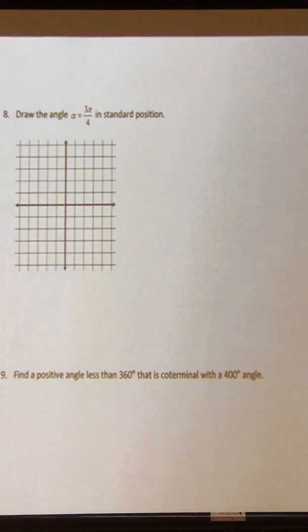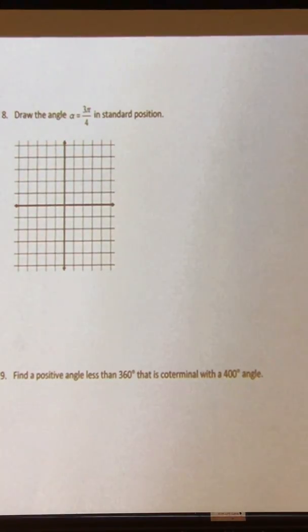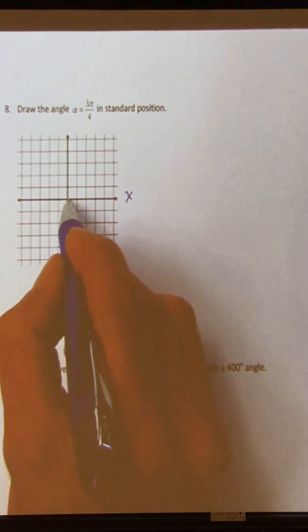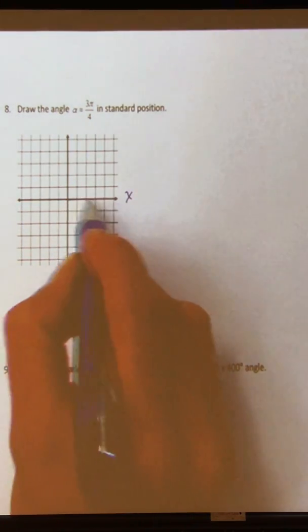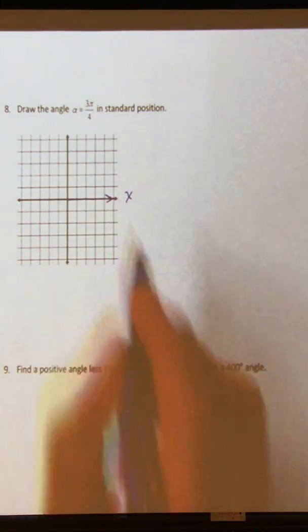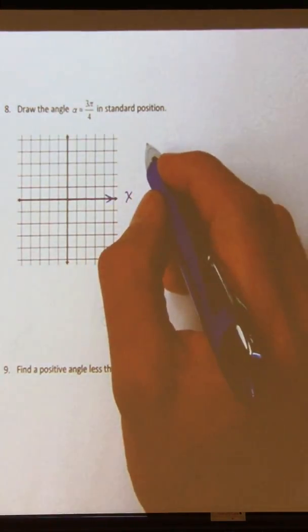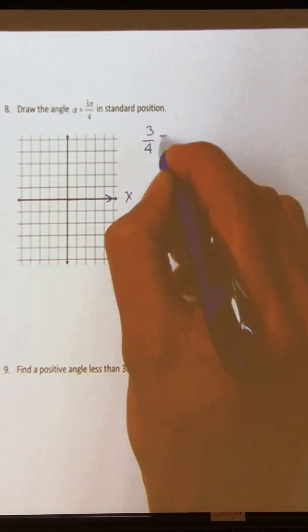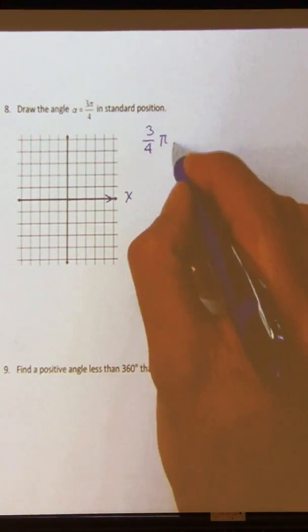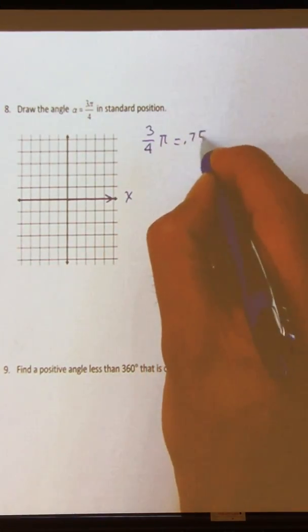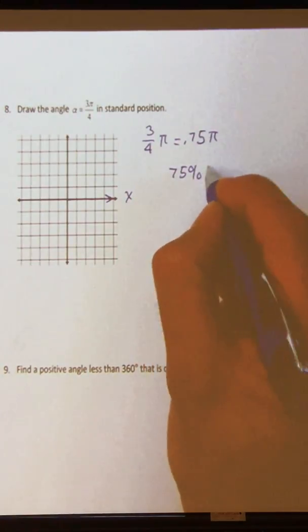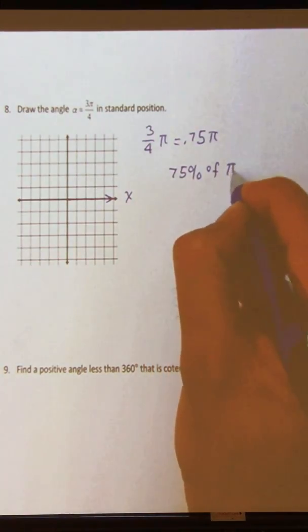Draw the angle alpha equals 3 pi over 4 in standard position. Starting on the positive x-axis with initial and terminal ray, like so, we then rotate. One way to view this is 3 pi over 4 is 3/4 pi, and 3/4 is 0.75, or in other words, it's 75% of pi.